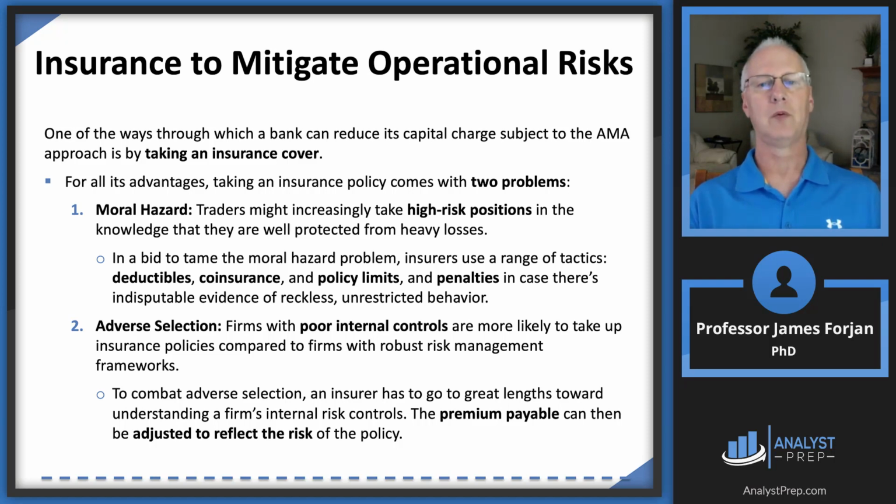But when insurance is used, there are 2 problems. There's this idea of moral hazard. So if the company knows that it is protected against a particular event, it might increasingly take high risk positions because it knows that if it fails, then the insurance company is going to come in and pay those losses. And that's why insurance companies have things like deductibles and coinsurance, et cetera.